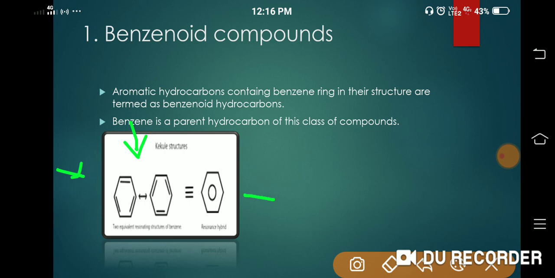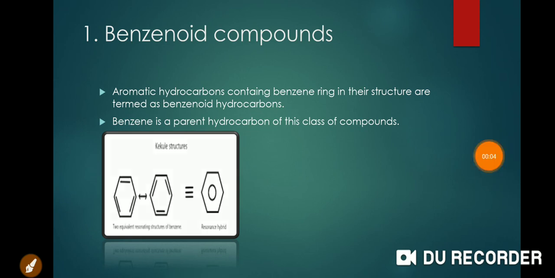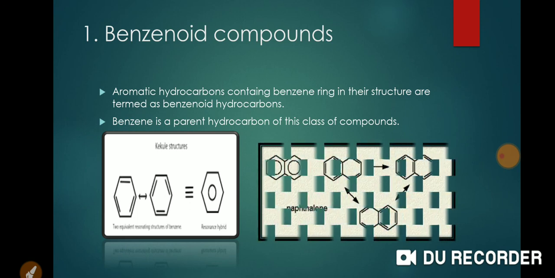So this compound represents the resonance hybrid of benzene ring. A more detailed study of the structure of benzene shows that each carbon atom is sp2 hybridized. It is bonded to 3 atoms using sp2 hybridized orbitals. Therefore, all of them lie in the same plane.